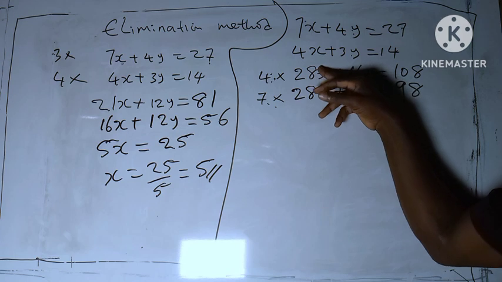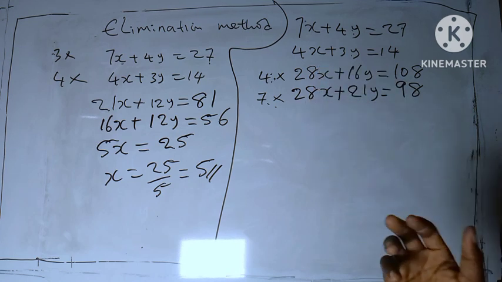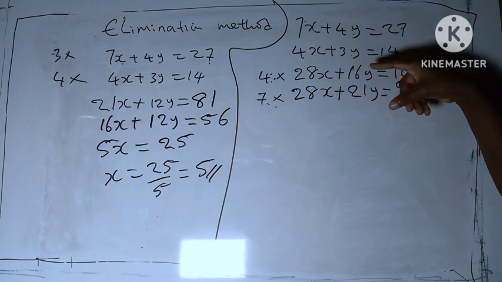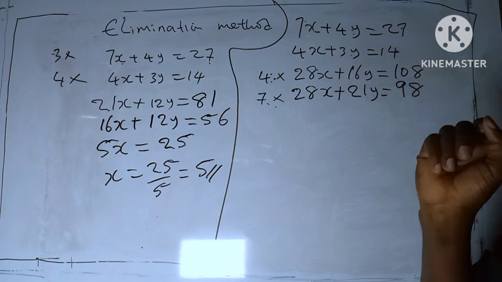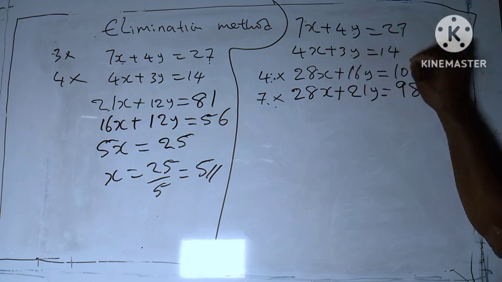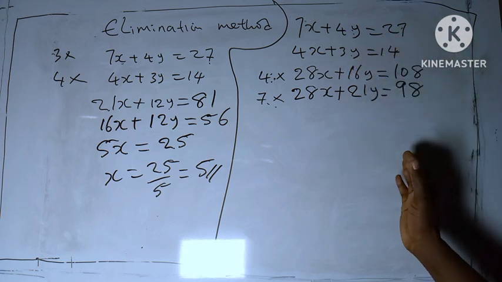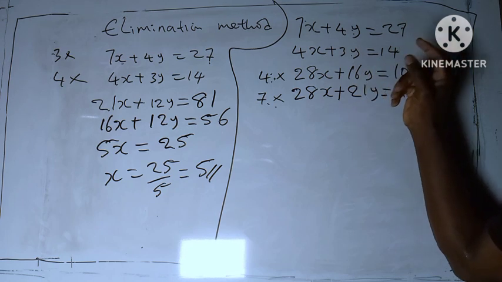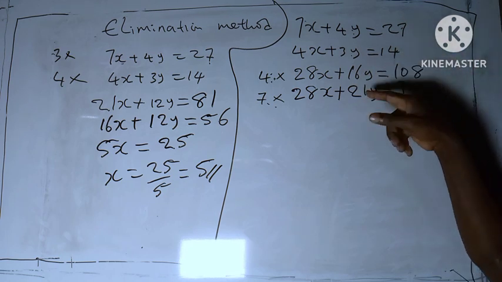So 28x minus 28x is 0, so no need of writing. So 16 minus 21. Note that we are using the first equation to minus the second one. Don't use the second one to minus the first one, okay? Make sure you use the first one to minus the second one.